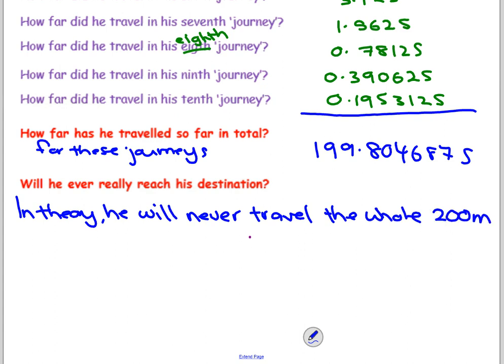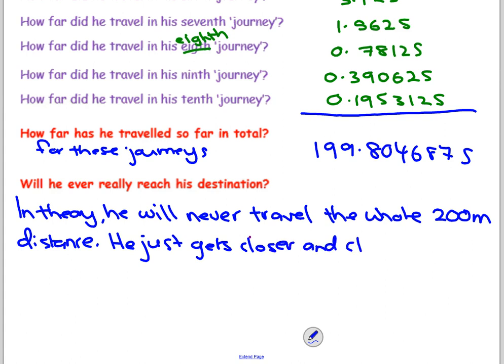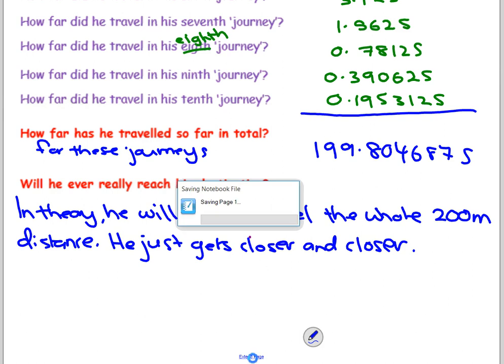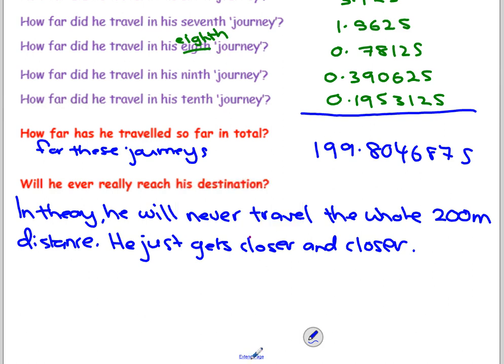He just gets closer and closer to 200 metres. So that's in theory. That's why that is a funny joke, because they're saying he's so cool he'll get there. But in theory, he would never get there. That's a thing called a paradox. Do you have to learn about paradoxes in TOK? So that's an example of a paradox.